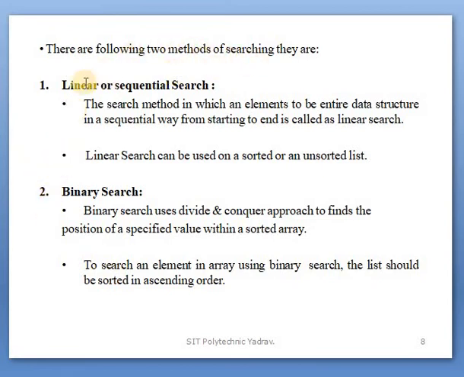In searching there are two types: one is linear search and the other is binary search. Using linear search, we find a number sequentially, meaning the elements are checked one by one.